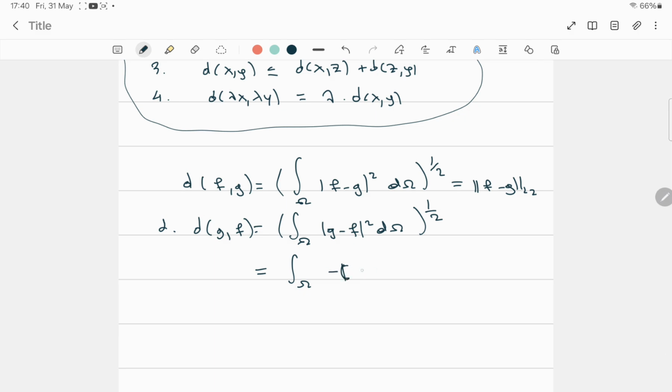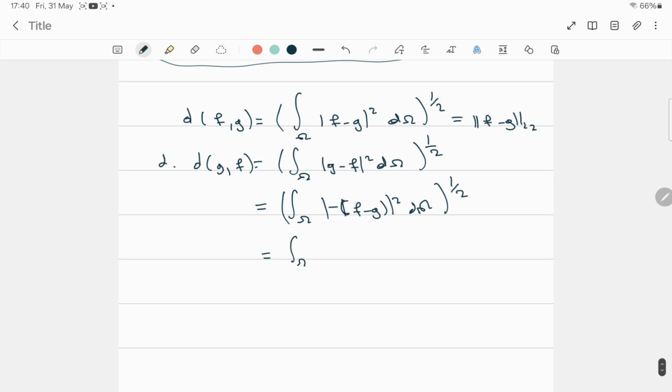I can write it in the following way: (minus (f minus g)) squared dω, and this is the norm of f minus g in L2.